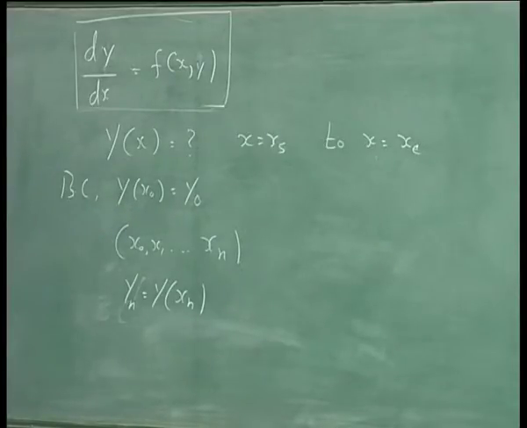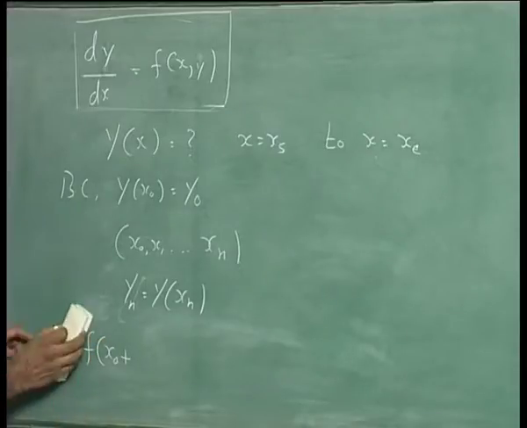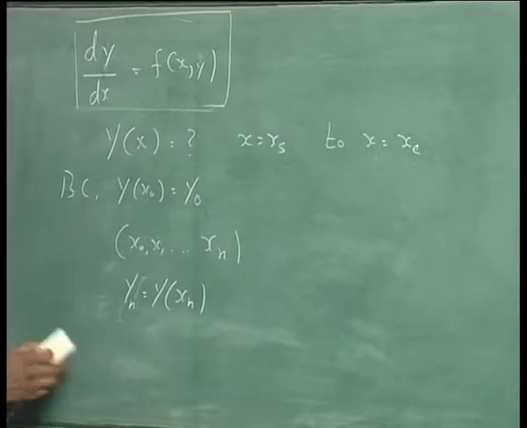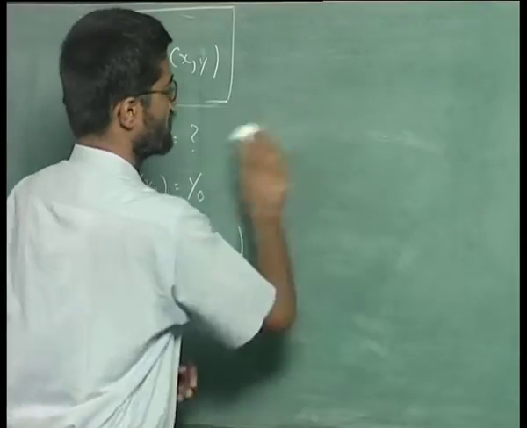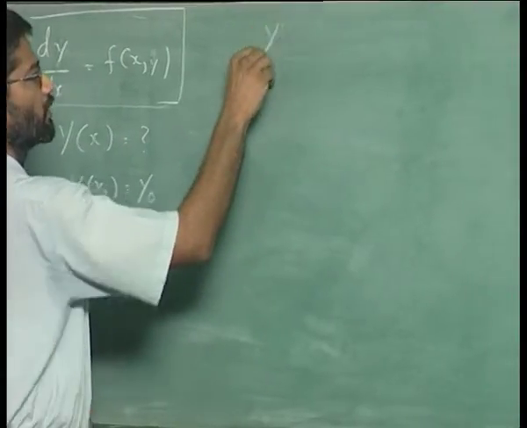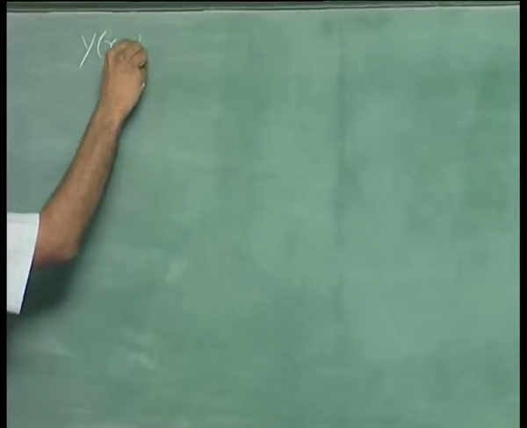Then I can write this function and this derivative equation and solve it like this. The method is very simple. We start with y at x0, which we know, and x0 plus another value h.